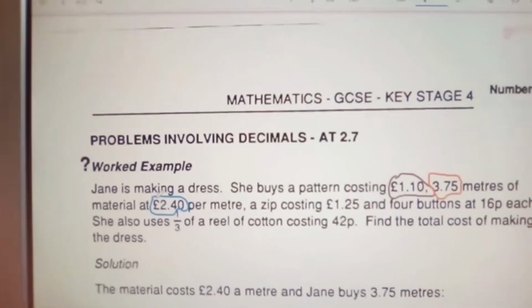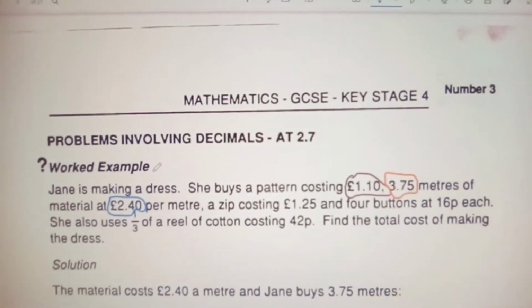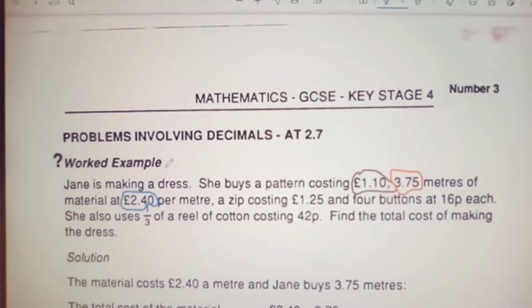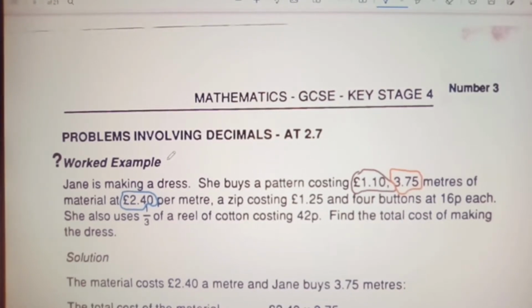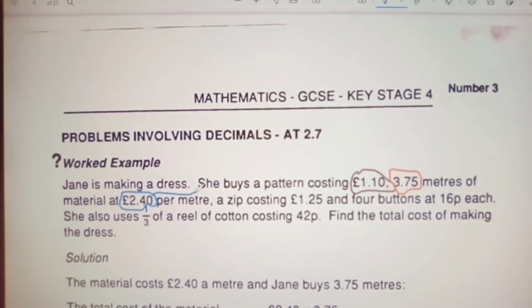Here we are extracting the information from the list we have been given. Let me include per meter to make sure we are talking about this price as per meter, so that is inclusive of that.